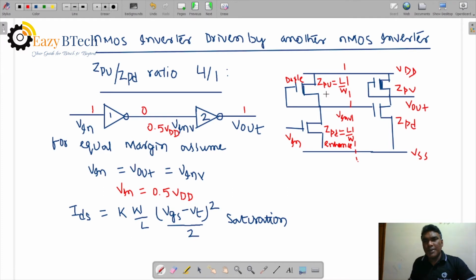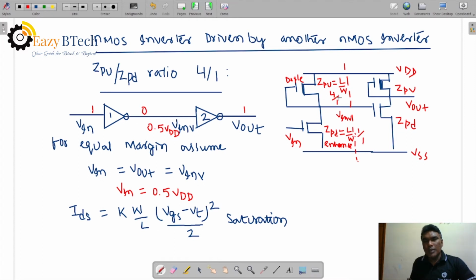The first inverter is directly connected to the second inverter in cascade. The length and width ratio for Z pull up is 4 by 1, and this one is 1 by 1.